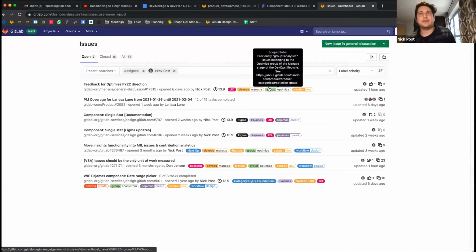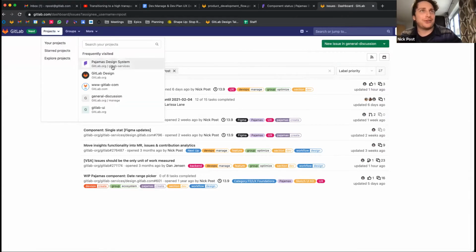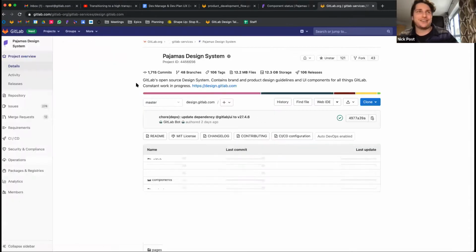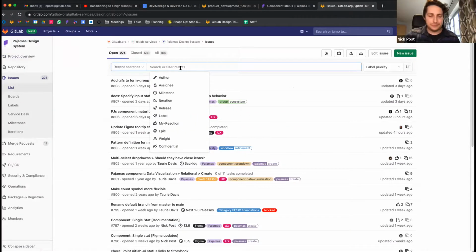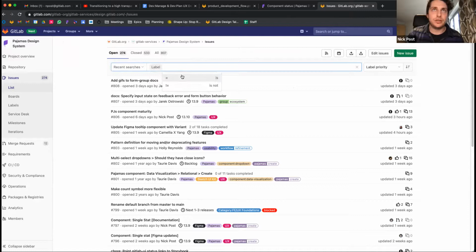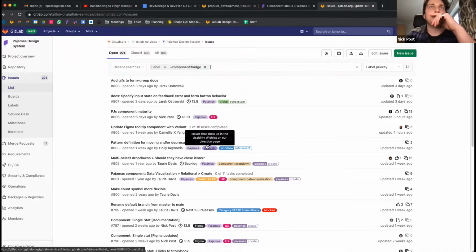Yeah, I mean, it could basically get the GitLab curse, where there's just so much data it's hard to track what's going on. But for example, you could just do a search here with label equals component badge.